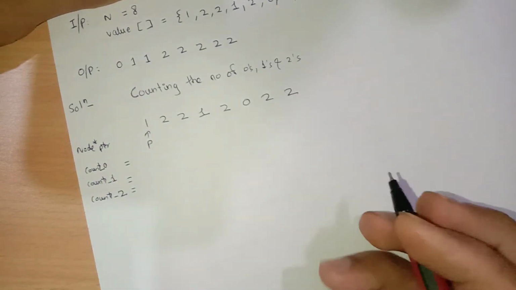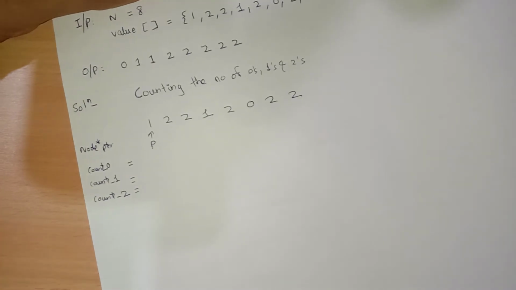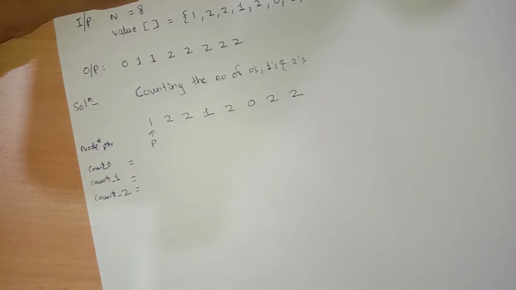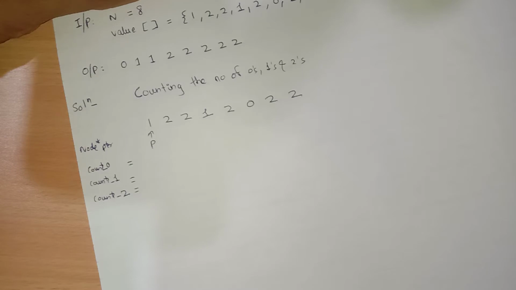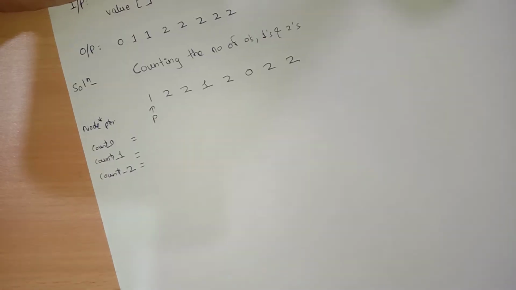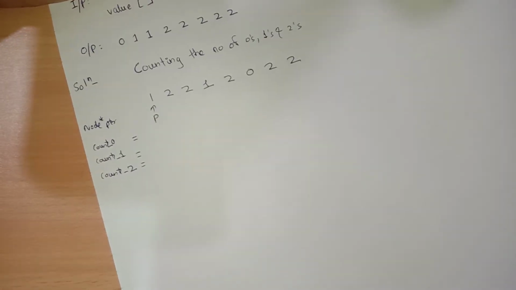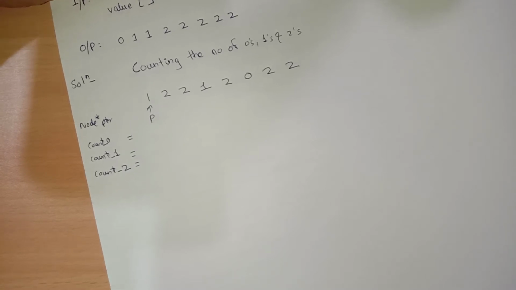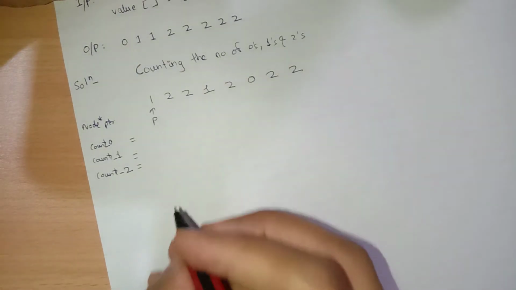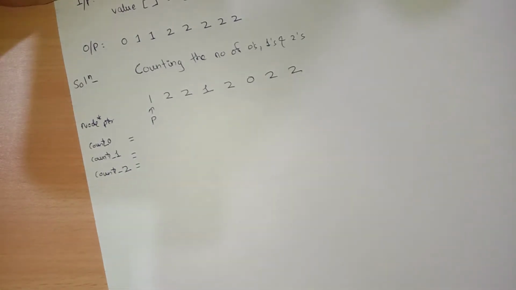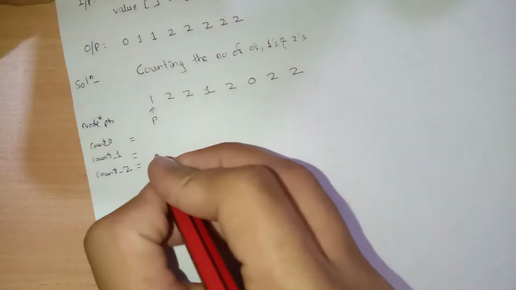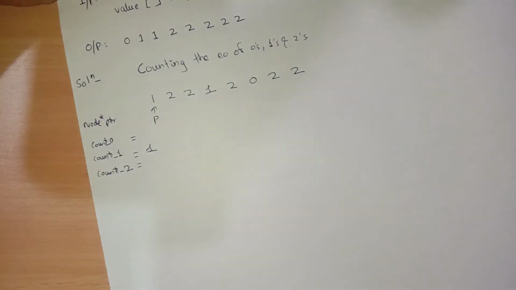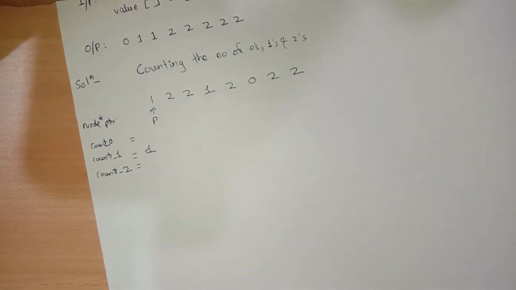For traversing, at the first node, we will check which data is present there. So in the first node we have 1. We will increase the value of the count 1 variable. So now count 1 becomes 1, and we will point to the next node.